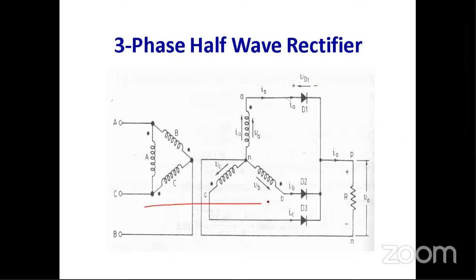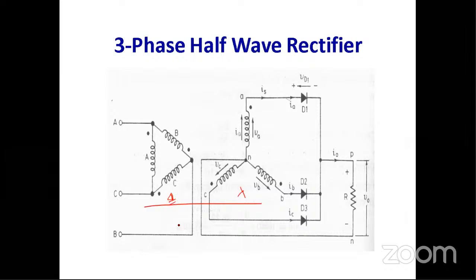So this is the three phase transformer. This is the primary side, that is in delta, and the secondary side is in star. Why do we take the primary side in delta?